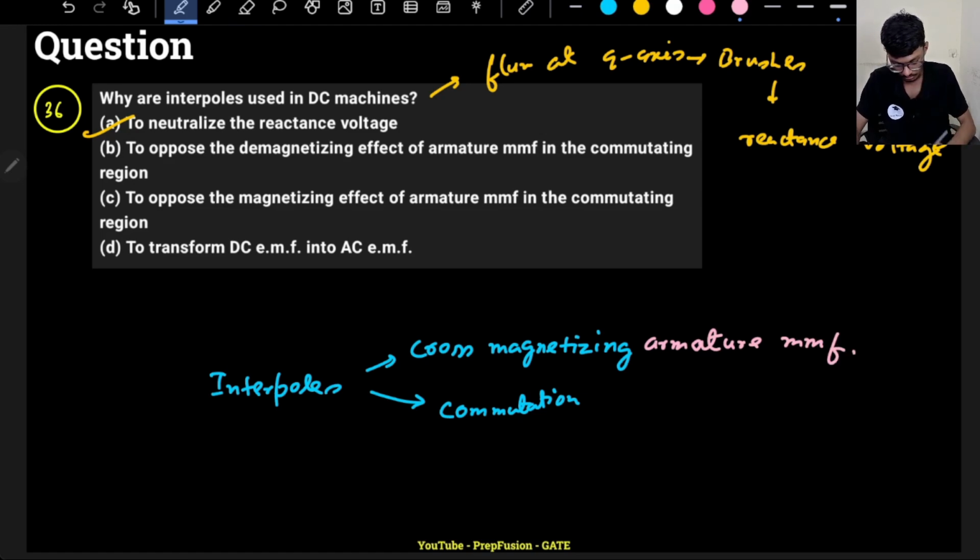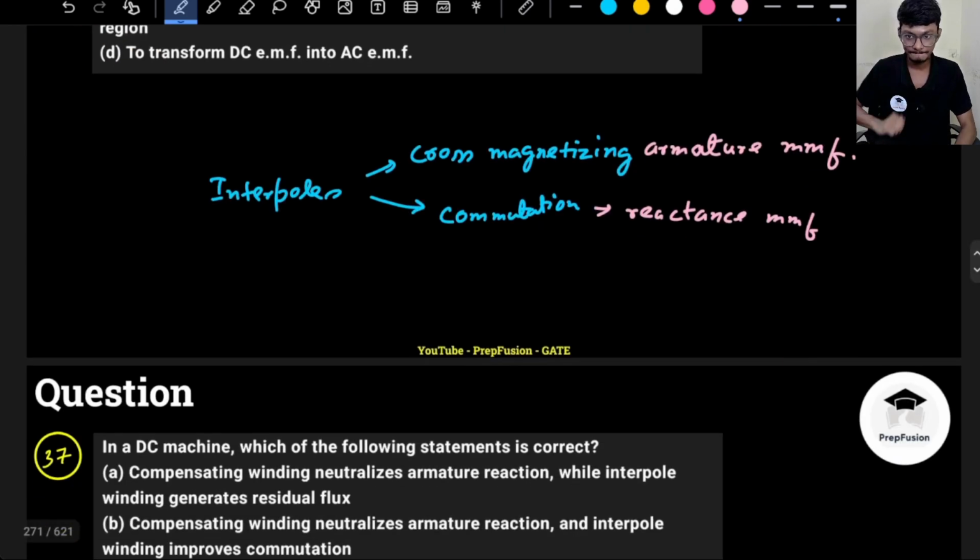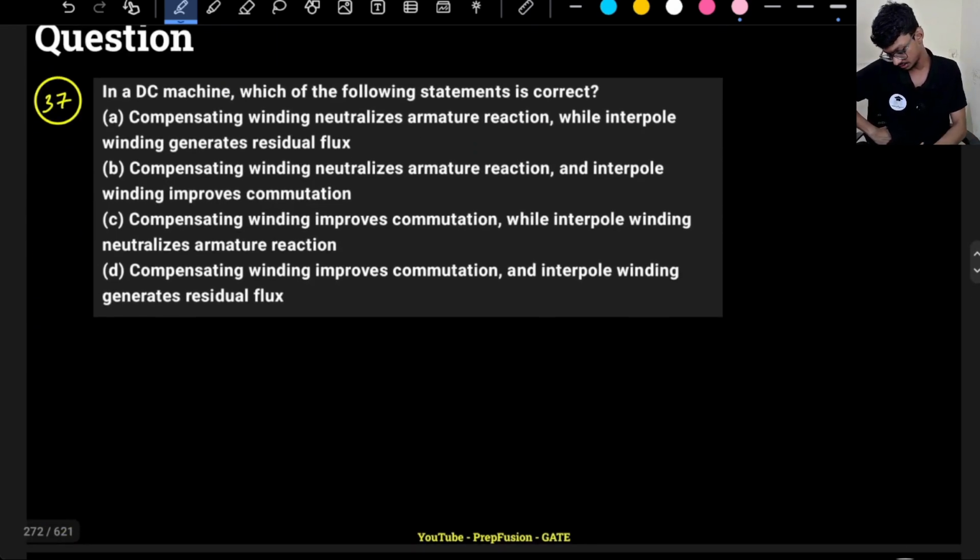Okay, so I hope you have understood. Mainly interpoles help in the reactance voltage and the cross magnetizing armature mmf, and your compensating windings will mainly help in removing the demagnetizing armature reaction. Okay, so same thing, same question here.